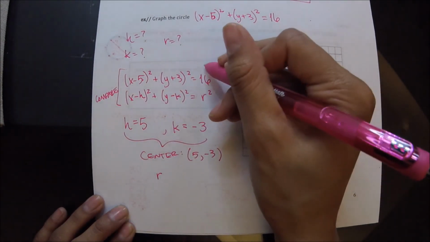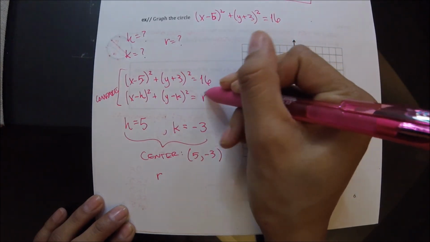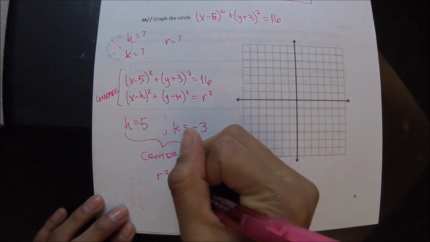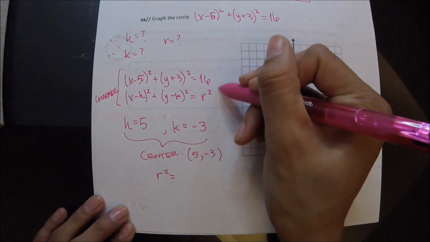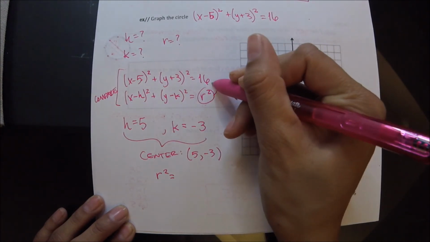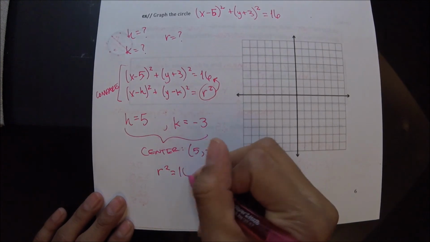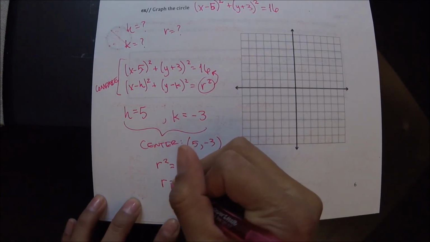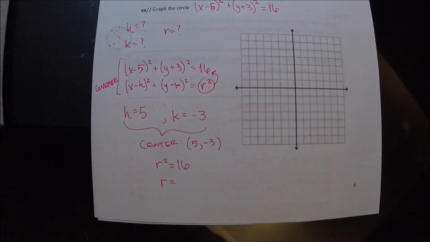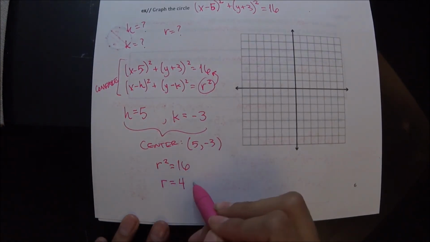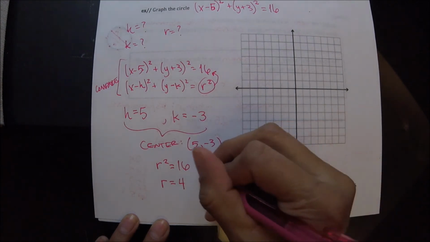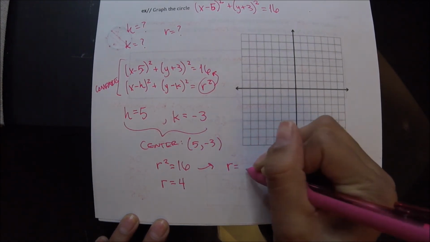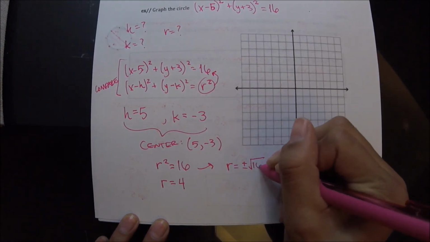But we know right now, just from looking at this, that r squared is 16. So I'm going to write r squared equals 16. Well, if r squared equals 16, that must mean that r equals what? It's equal to 4, because we're going to have to take the square root of both sides. If we're doing this full out, we'd get that r equals plus and minus root 16.